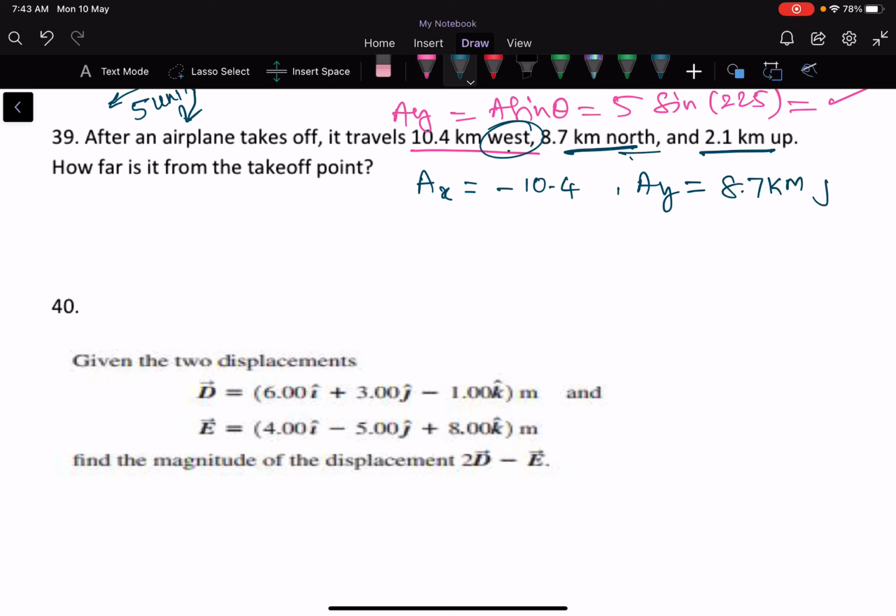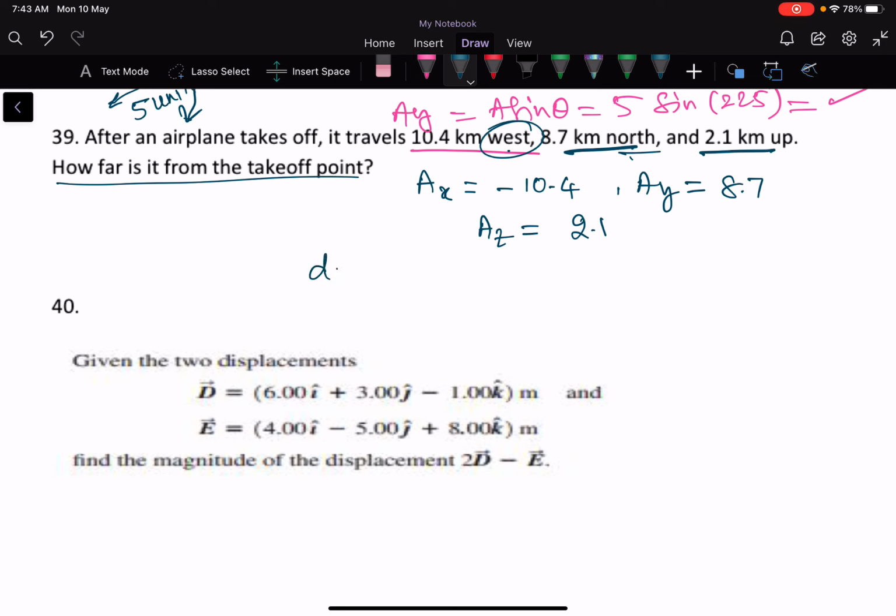North means along the y-axis. And the upward direction is nothing but the z-axis. az is equal to how much? 2.1 kilometers.